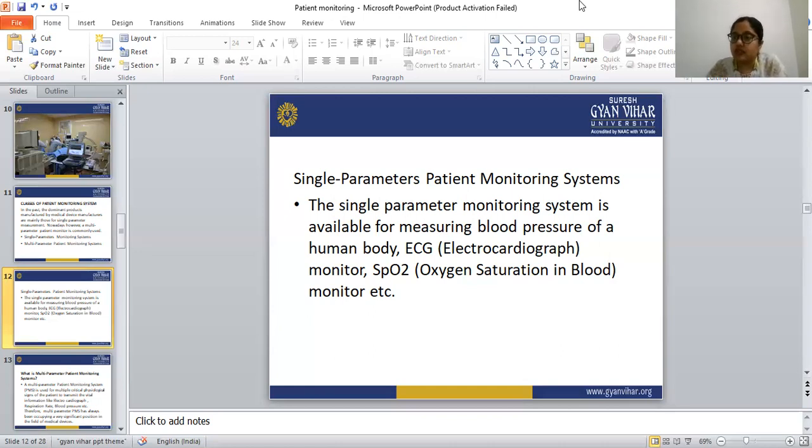So this is the second disadvantage of the computerized patient monitoring system. And the third disadvantage is the incapacity of the computerized system to understand relations between multiple processes of the data. So these are all the advantages and disadvantages of the patient monitoring system.